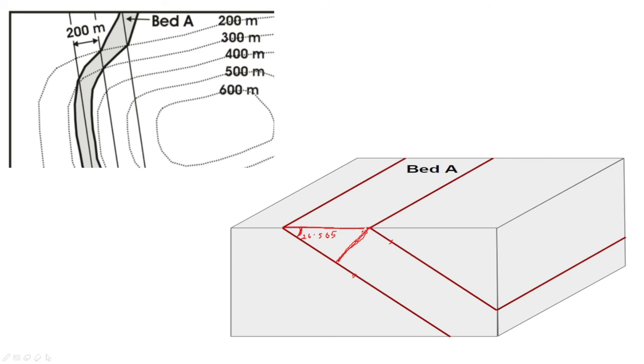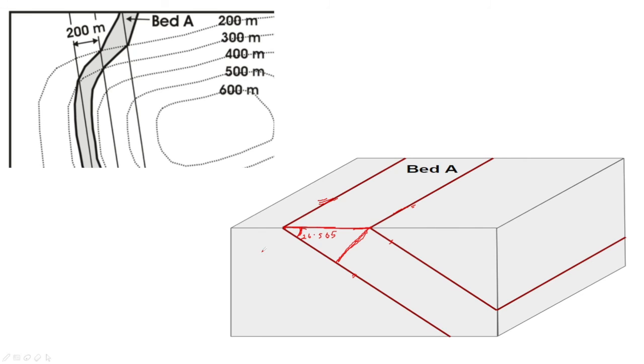To calculate this horizontal distance from the map, we have to consider two conditions. First, we have to see that the distance should be perpendicular to the strike of these two bedding planes. So this is the strike and the distance should be perpendicular to these two bedding planes.